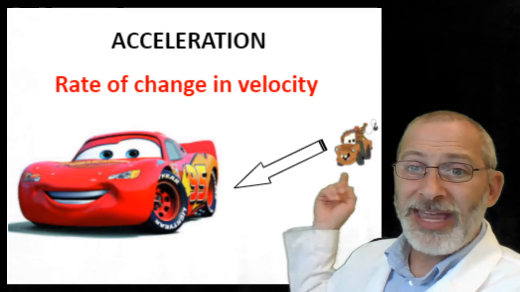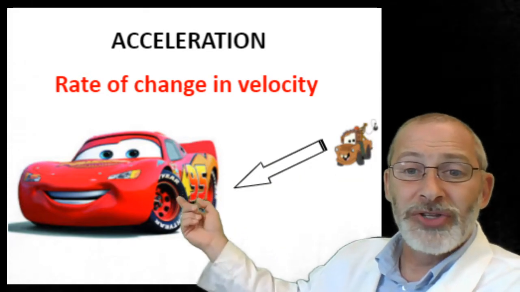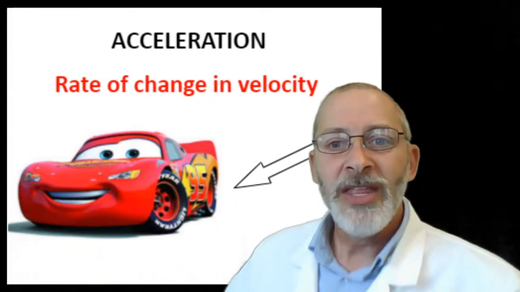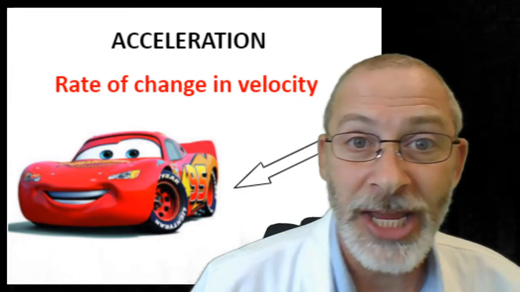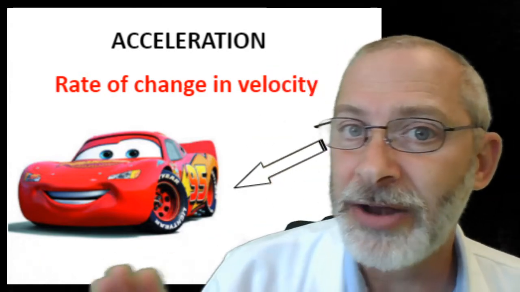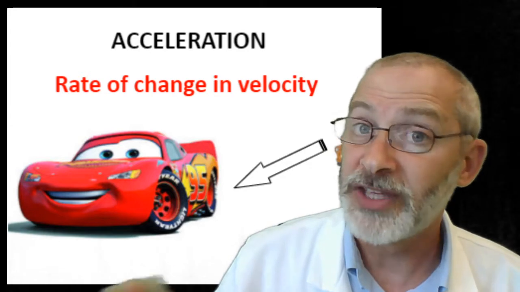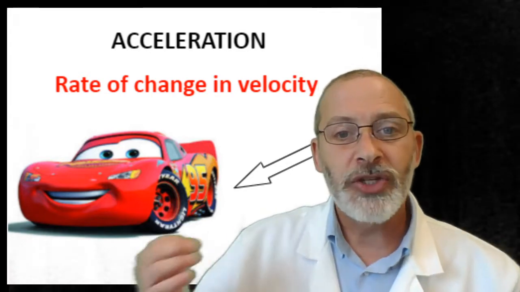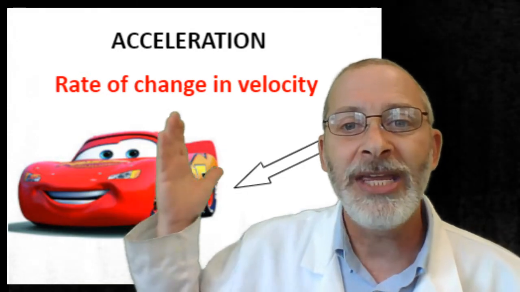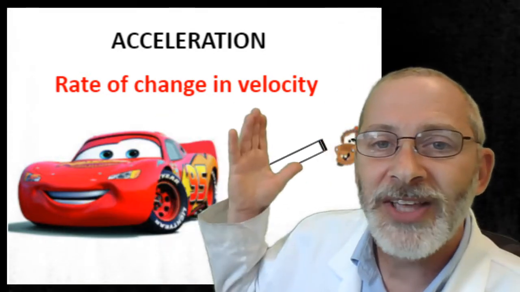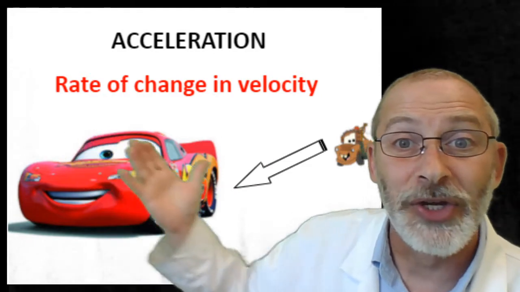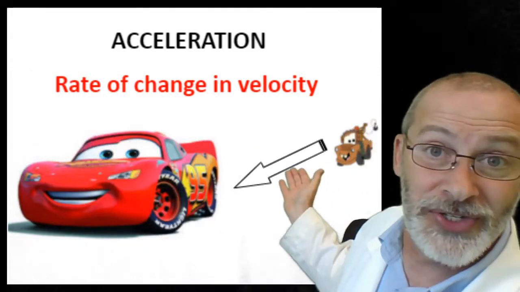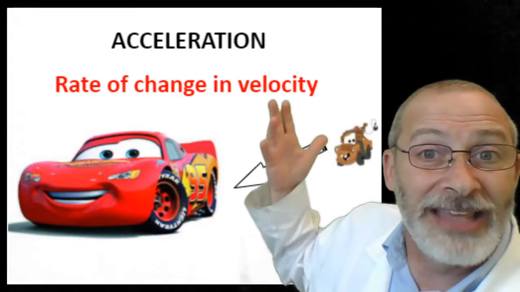He'll be way in the back there because race cars are built for speed. They are able to change their speed down a track, which would be a measure of its velocity, speed in a given direction. Race cars are able to change their velocity a lot faster than other vehicles. I think we get that, right?